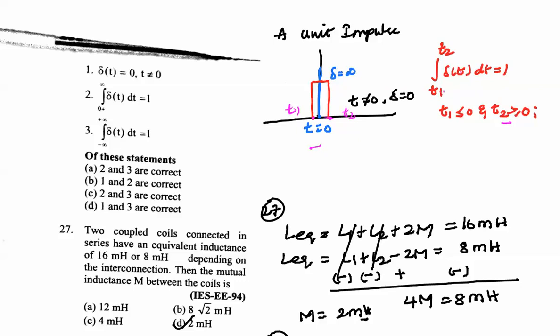Under the curve, the integration from t1 to t2 of delta of t is equal to 1. And delta of t is equal to 0 when t is not equal to 0. So the first statement is correct. And the integration from minus infinity to plus infinity also holds. From this, the answer is going to be 3 here.